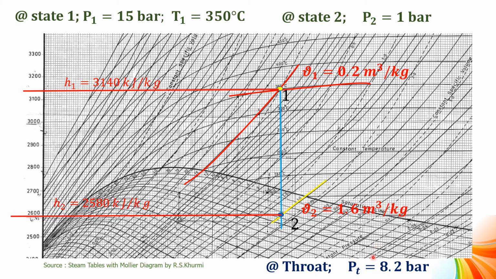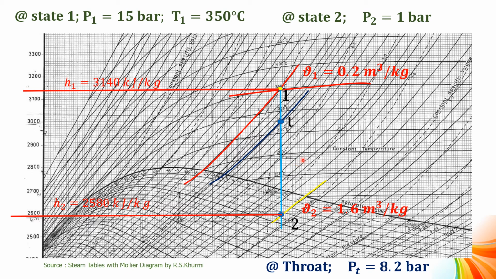Already we have found the value of Pt equal to 8.2 bar. Now draw the 8.2 bar line, which is intersecting the vertical line drawn from point 1.